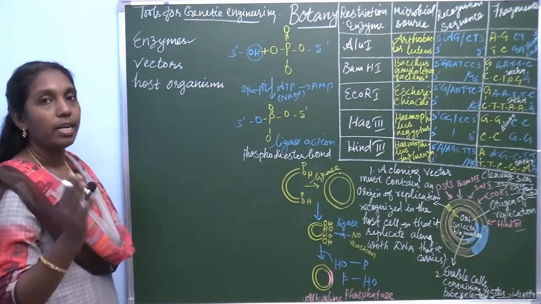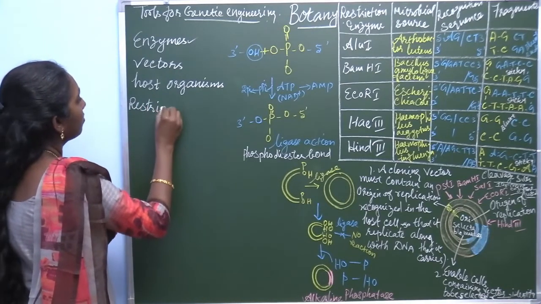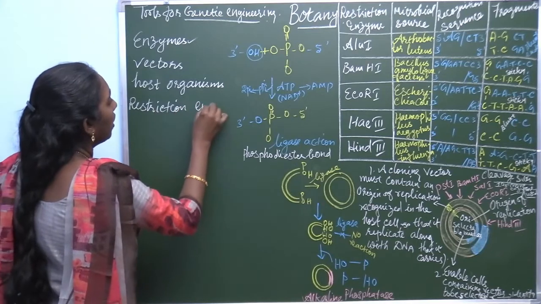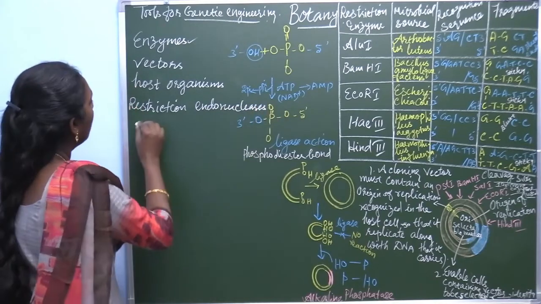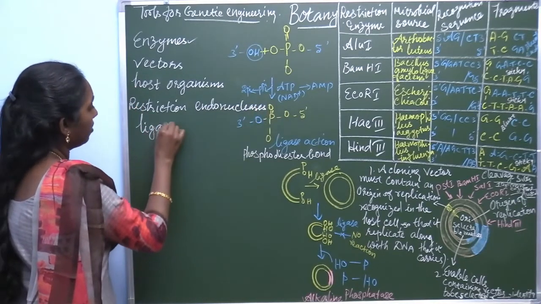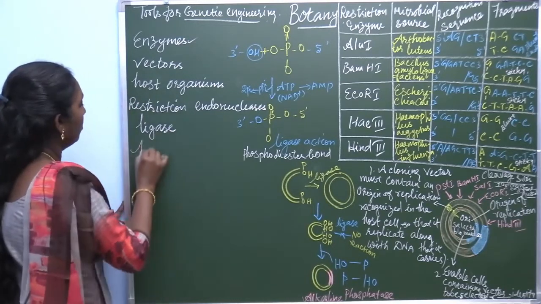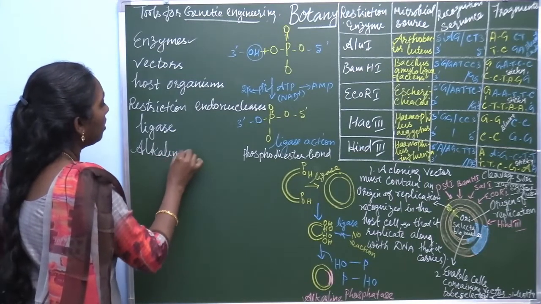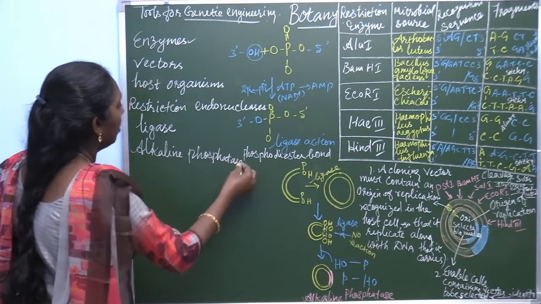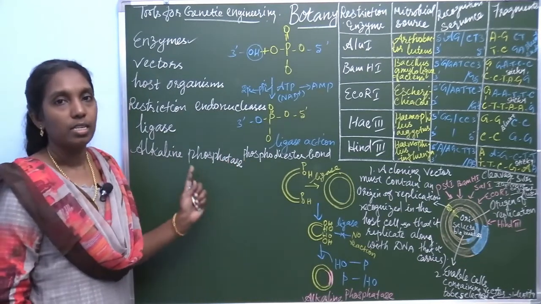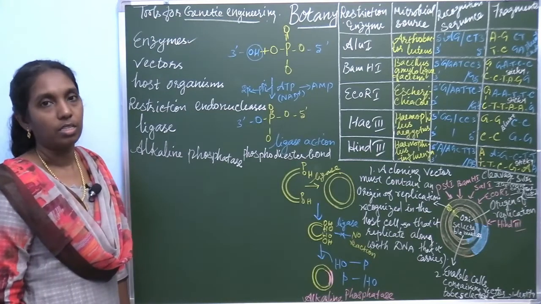There are three different enzymes involved, namely restriction endonucleases, DNA ligase and alkaline phosphatase. These three enzymes are necessary for this genetic engineering technology.